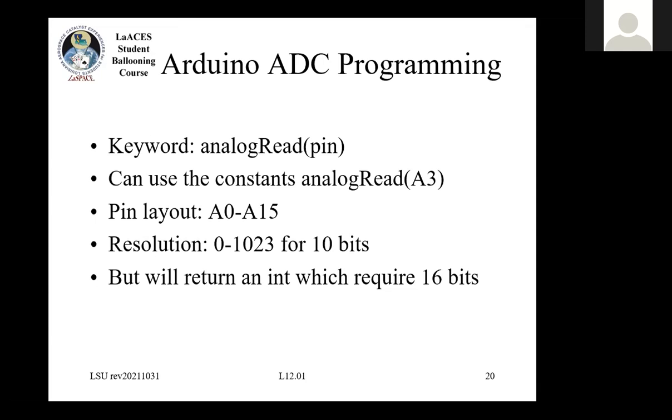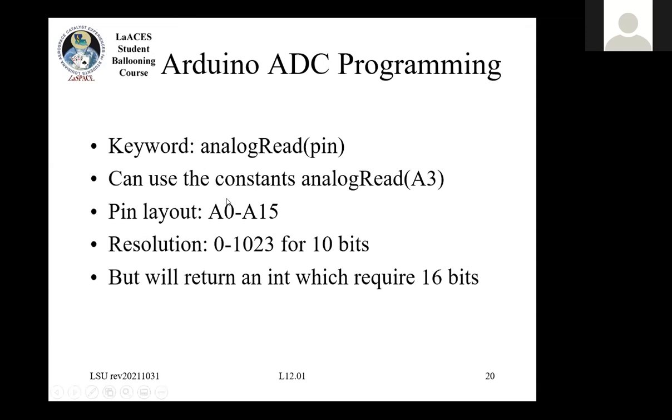However, one thing to note is even though the ADC is 10-bit, the actual memory architecture of the Arduino works in chunks of 8. So it's going to return a normal integer, which is going to actually take 16 bits of memory space. It's just a weird consequence of when you convert from the actual ADC circuitry to the memory circuitry of the Arduino.